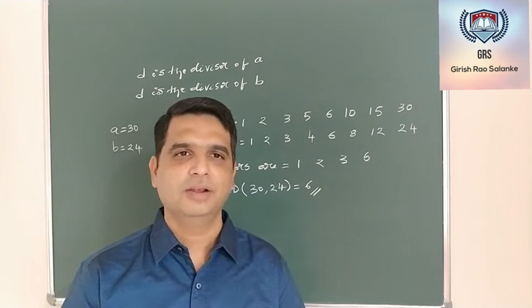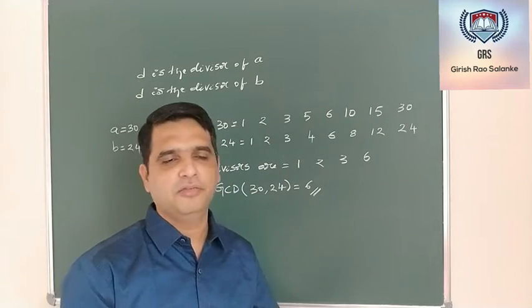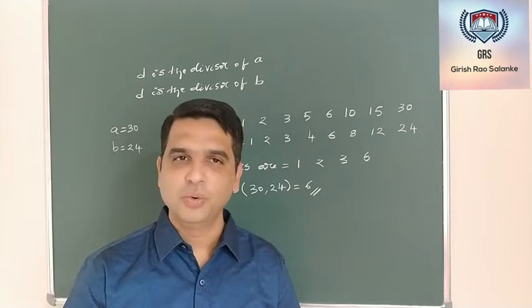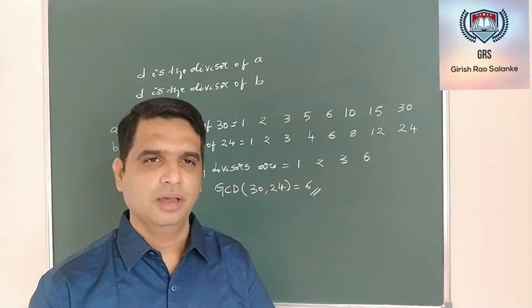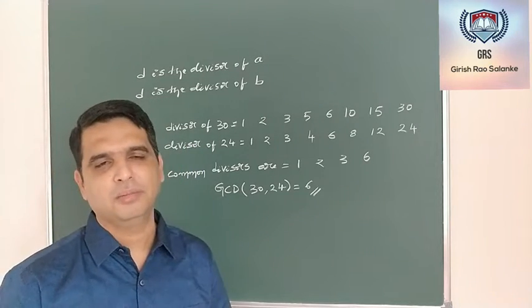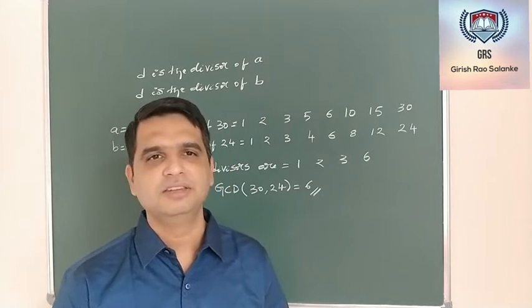Now the algorithm that we can use in order to find the GCD of two numbers is Euclid's algorithm. It is the most popular algorithm. Before going to the algorithm, let's see some of the properties of GCD.